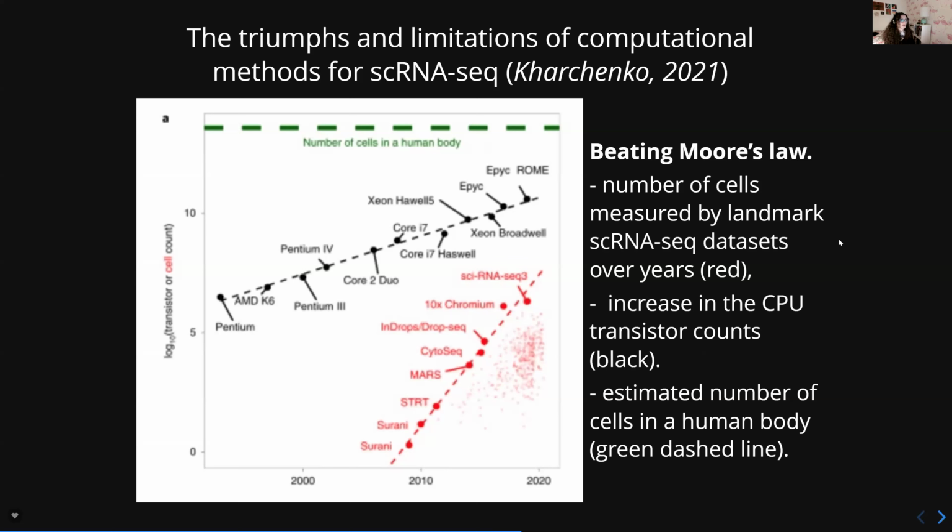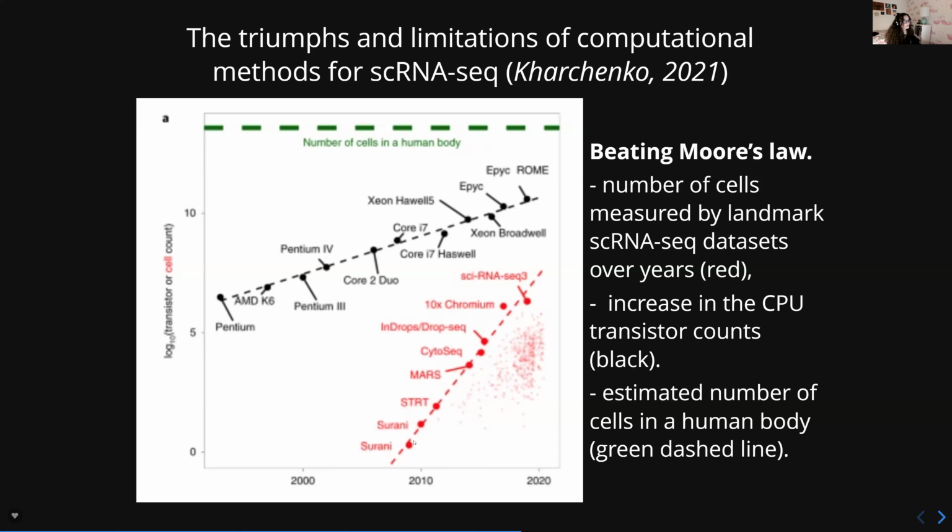Also, this is only going to get better in terms of data availability and worse for the modeling side. If we look at this plot from Svensson, 2021, which is even old now, it is a very nice plot where we have, in log 10 scale, the number of transistors for computing infrastructure, and the log 10 of cell counts.